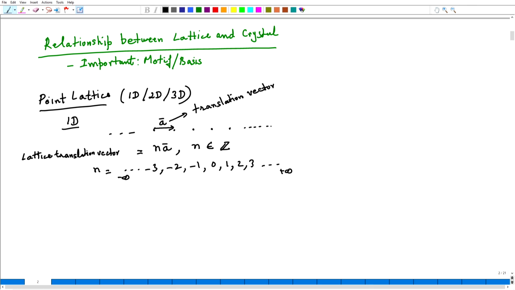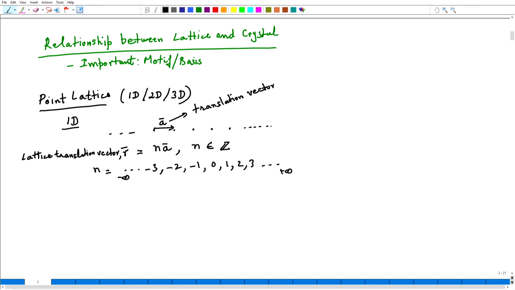So, this is a lattice translation vector, I can call it, let us say, R. So, R is equal to nA. What this means is, by changing different values of n, I can visit every lattice point, or I can generate this one dimensional lattice by choosing different values of n.